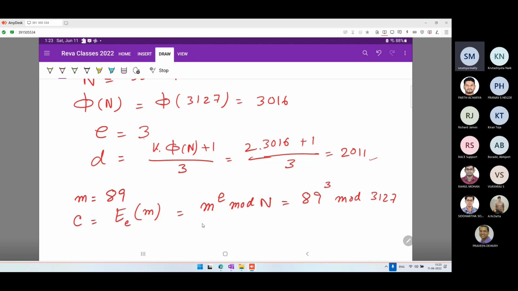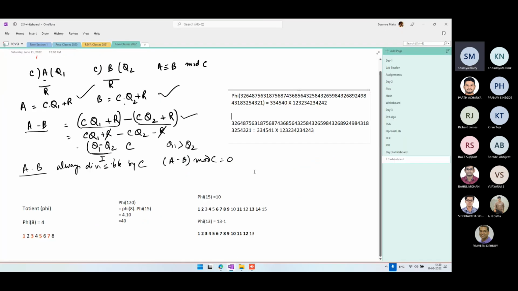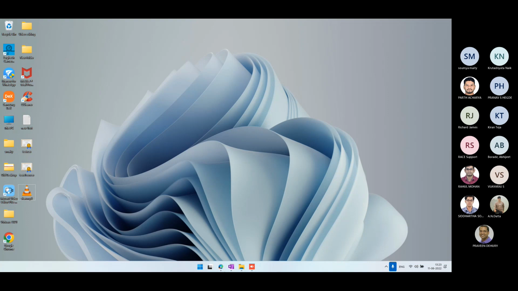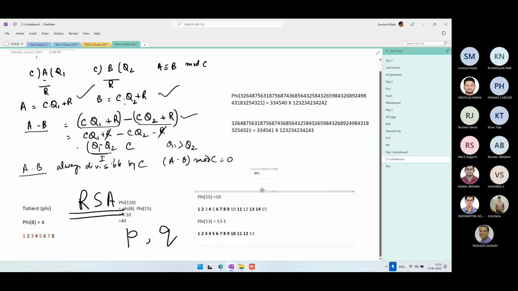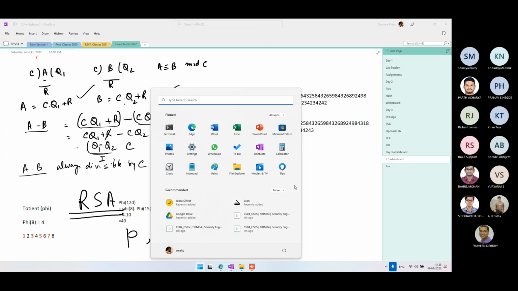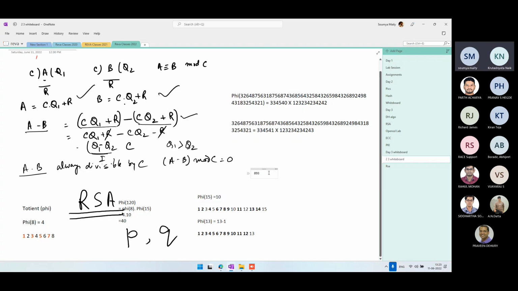And let us calculate this one. Actually, from here it is easy to calculate. 89 power 3 mod 3127.